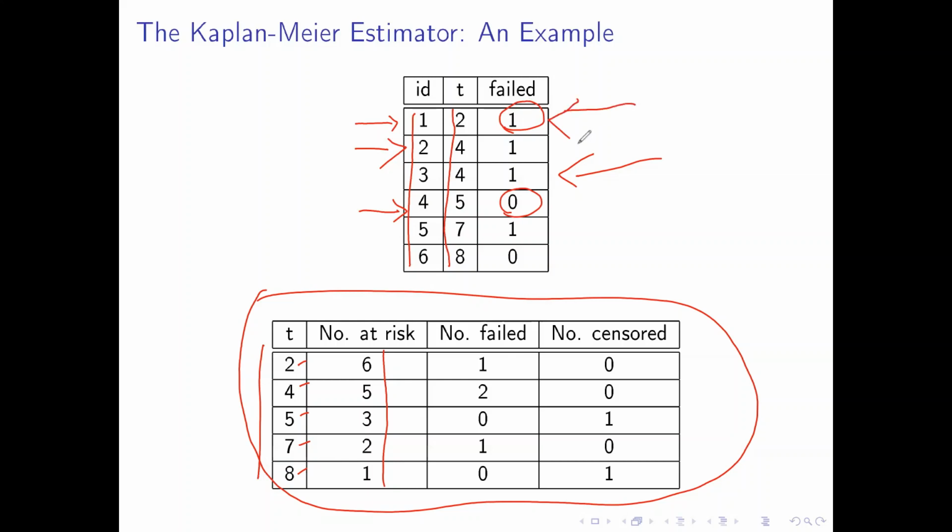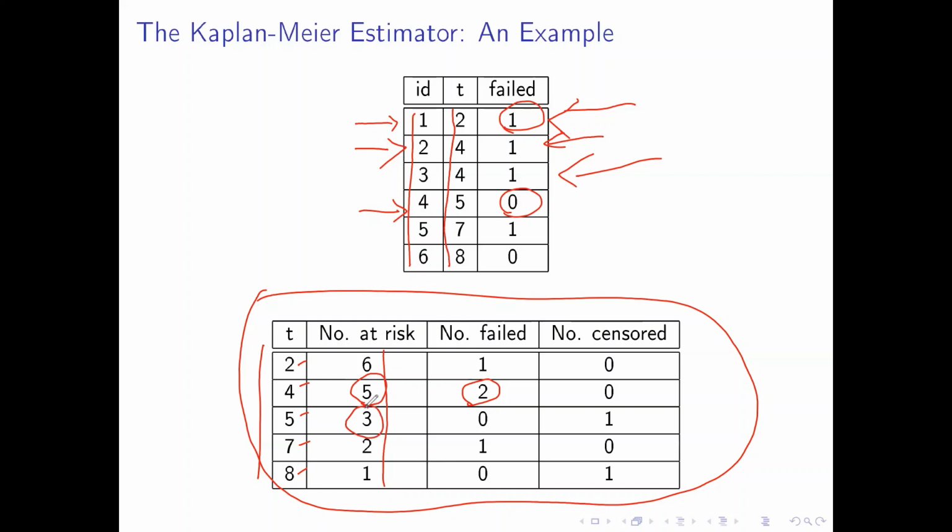And then the next distinct failure time is day 4. How many at risk? 5, because one case failed at day 2. At day 4, how many failed? 2, that is, ID2 and ID3 failed. Then at day 5, how many at risk?